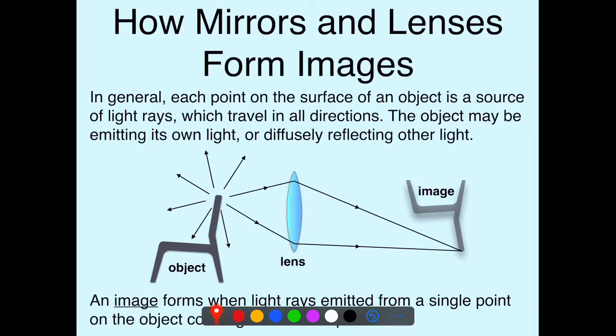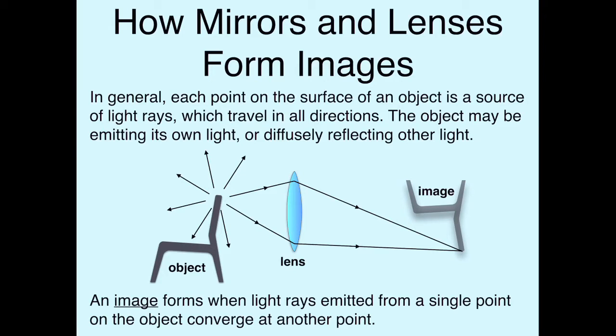Now, why is that? Well, it could be a few different reasons. The object might be emitting its own light. So your object could be a candle or a light bulb, something that's emitting its own light, or it could just be reflecting other light. So pause to think about this for a second. If you just look at the room around you, if you can see a chair, if you can see a water bottle sitting on the table, those things are not emitting their own visible light.